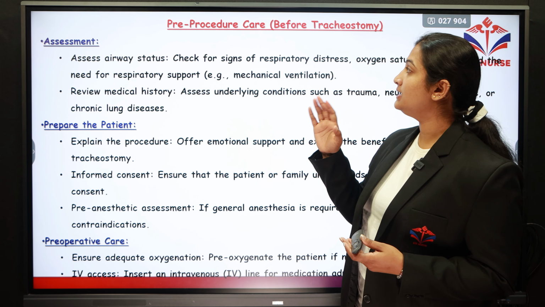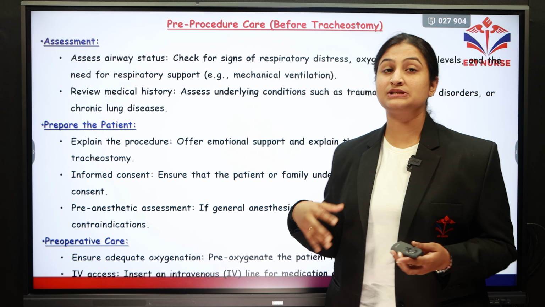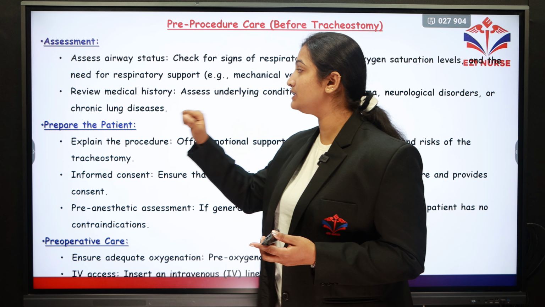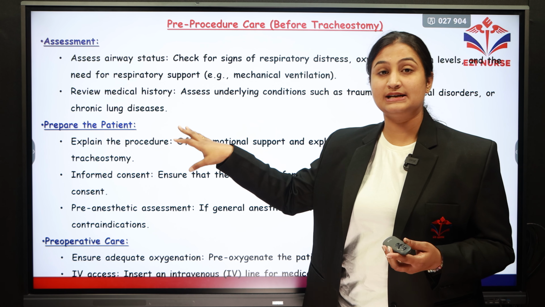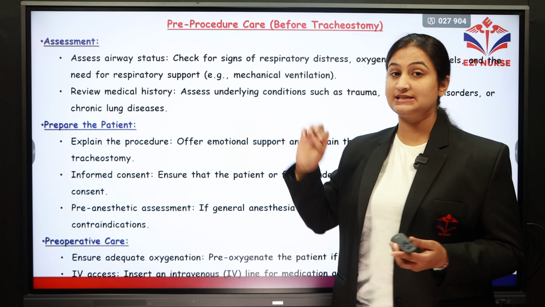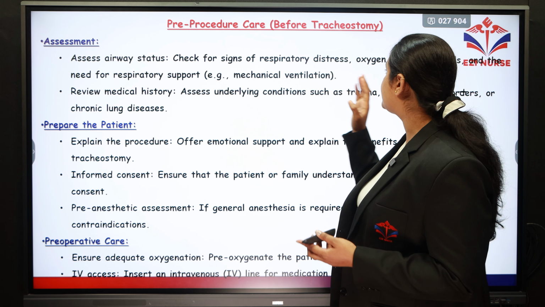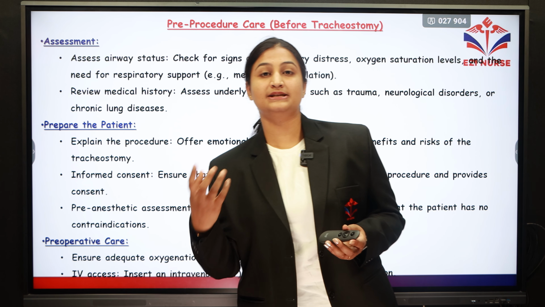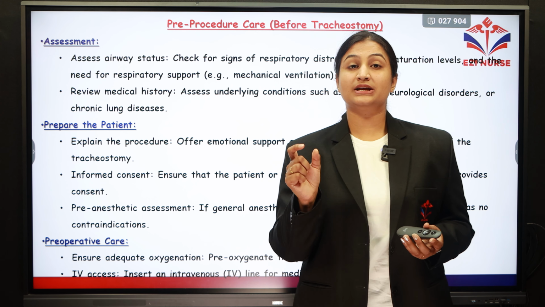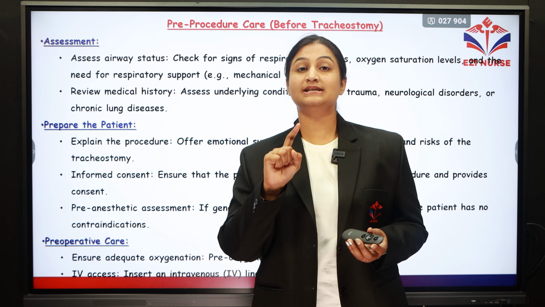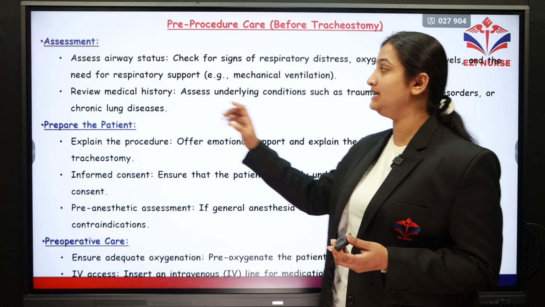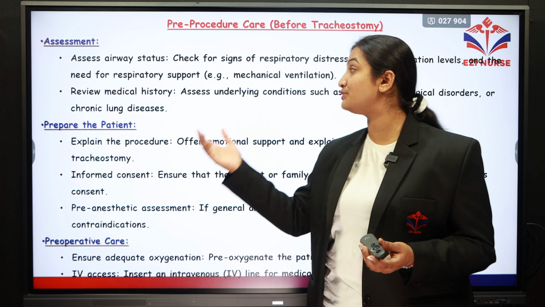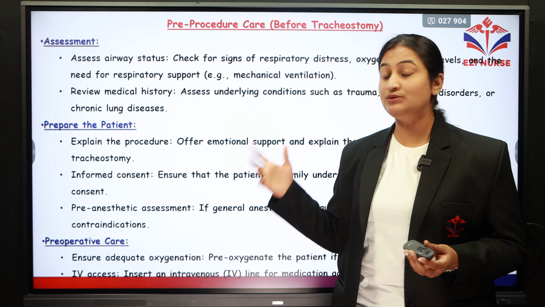Then moving to the pre-procedure care, that is before tracheostomy, what you have to assess. So assessing the airway status, then reviewing the medical history. In assessing the airway status, you are checking for the signs of any respiratory distress, how is their saturation level, that is the oxygen saturation level, which in the clinical side you can see as SpO2, and the need for any kind of ventilator support or respiratory support, for example mechanical ventilation.